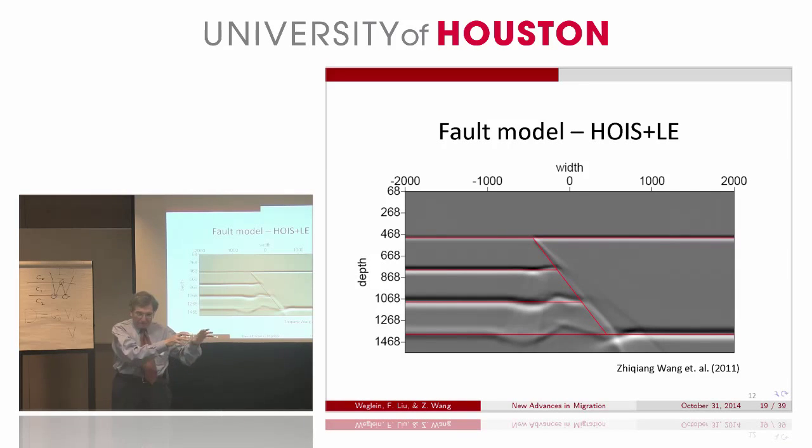Another thing that we learned from Haiyan: when you have one parameter like velocity only, then every reflection means somebody changed in that world. You've got a one parameter world, a reflection means velocity changed.